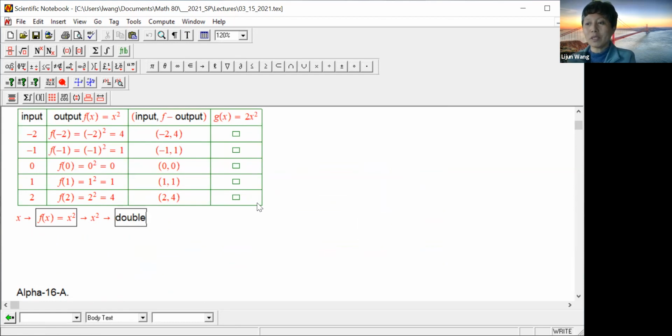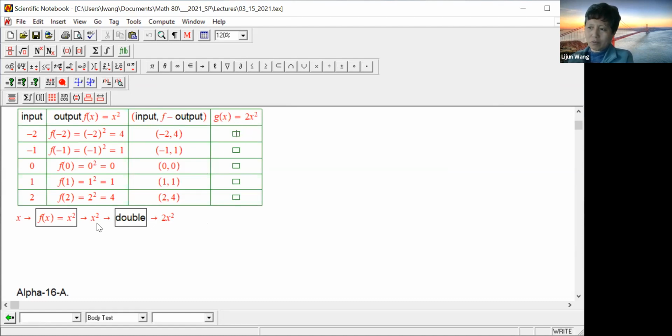We do some doubling, and the doubling comes out as 2 times x squared. That's the G.